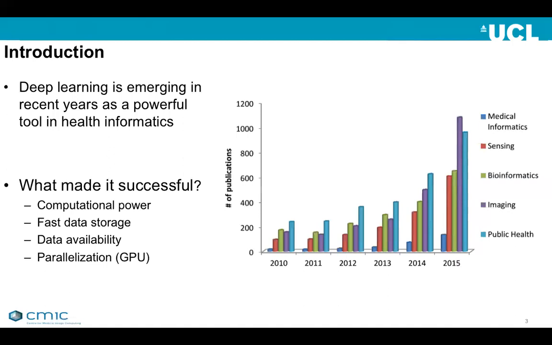The second reason is because parallelization in the last few years has become very powerful, a very powerful device, such as the fact that GPUs have become very strong. So since 2010, the number of papers published in health informatics has risen exponentially in all the areas of health informatics. And this trend is still continuing today.